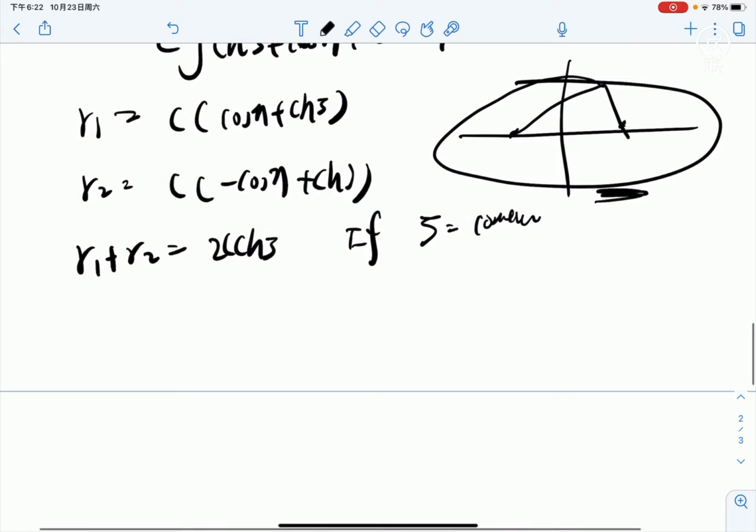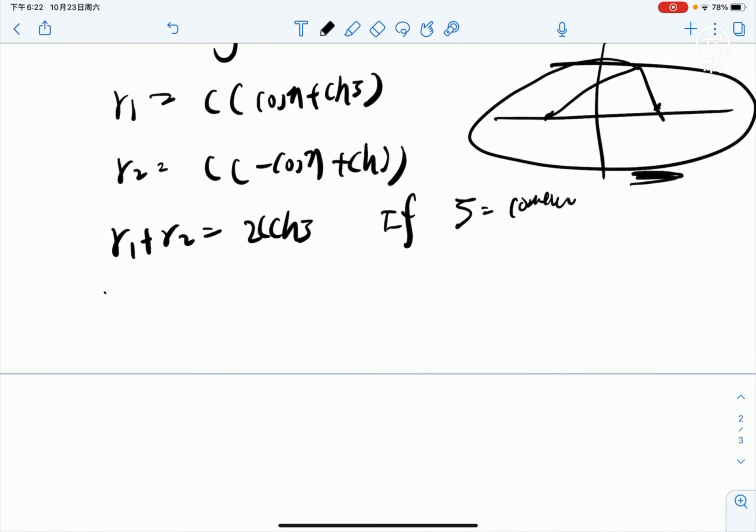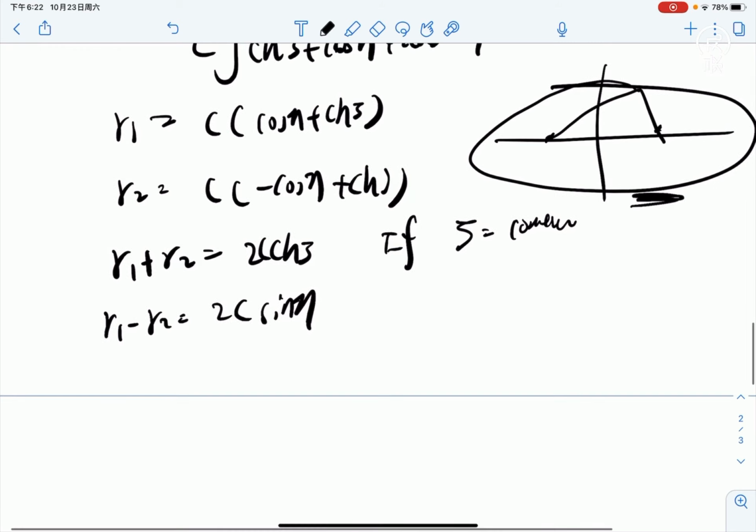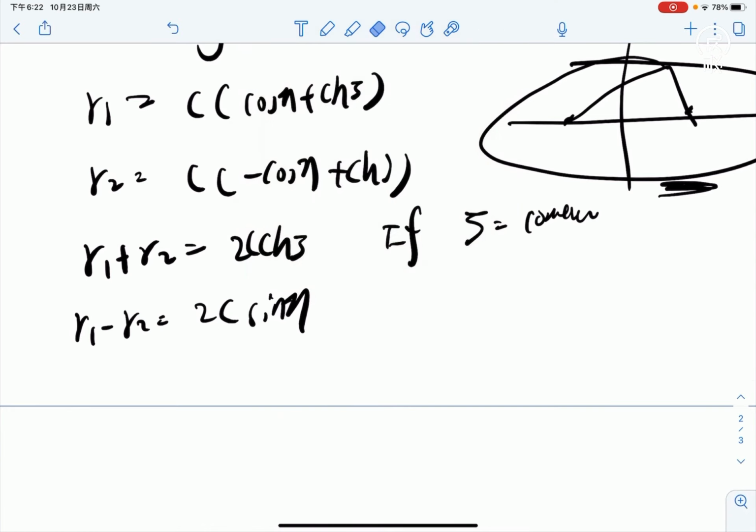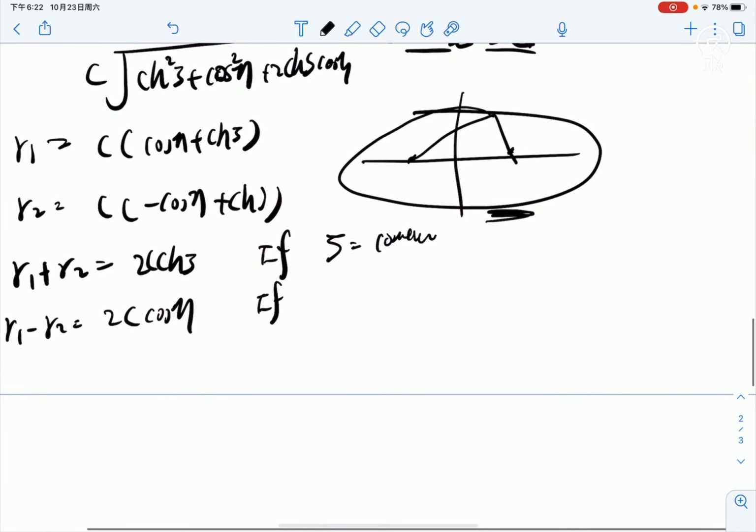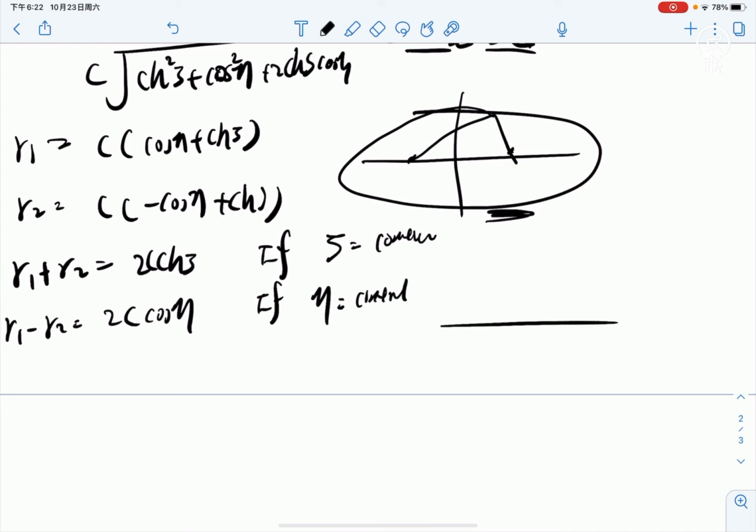And for the case of R1 minus R2, it is going to be 2c cos. Really? Oh, wait a second. So if eta is going to be a constant, it is just basically describing this.